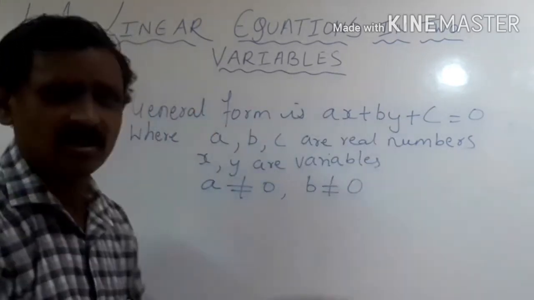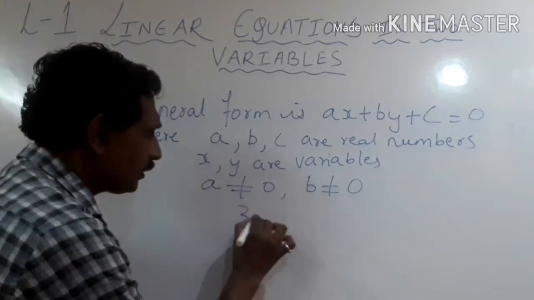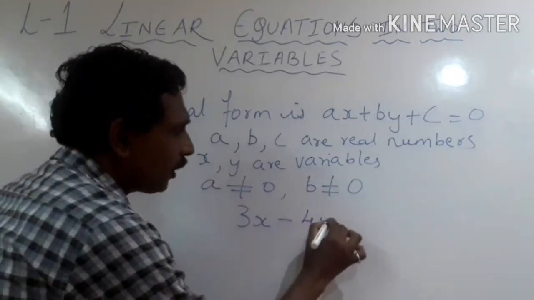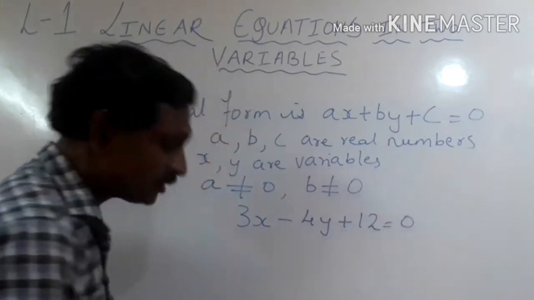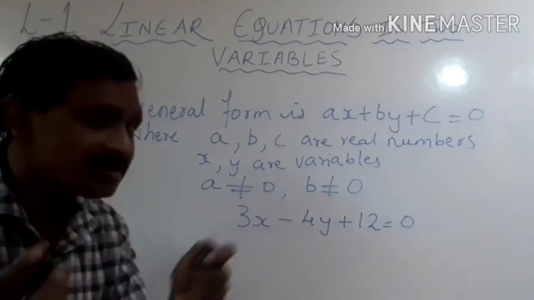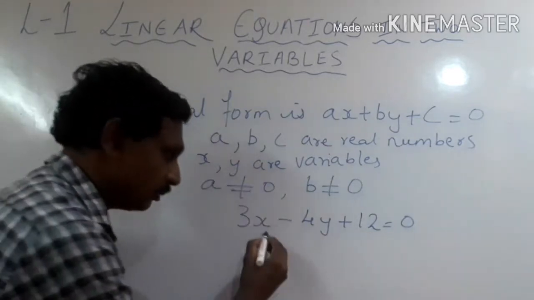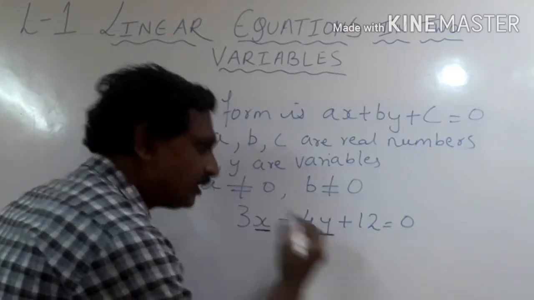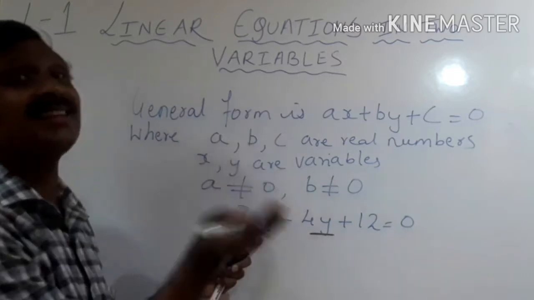To understand this, let us take an example. 3x minus 4y plus 12 is equal to 0. Look at the equation carefully. What does the equation say? That it has got two variables, x and y. Look at the variables and the degree.